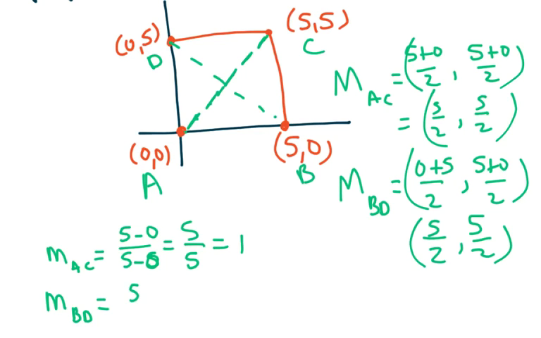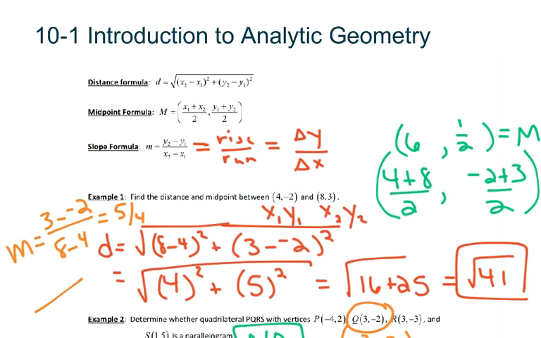So y2 minus y1 over x2 minus x1 gives me 5 over negative 5, which is negative 1. The slopes are not only opposite but also reciprocals. Remember that even though it's not a fraction, it really is. It's 1 over 1, and the reciprocal is 1 over 1. So I've just shown that a square's diagonals are perpendicular bisectors of each other. And that is an introduction to analytic geometry.